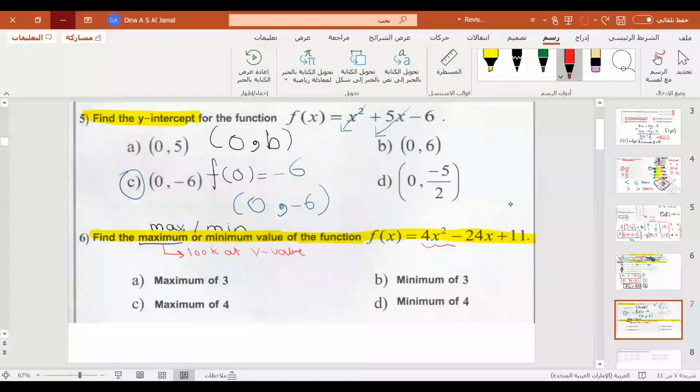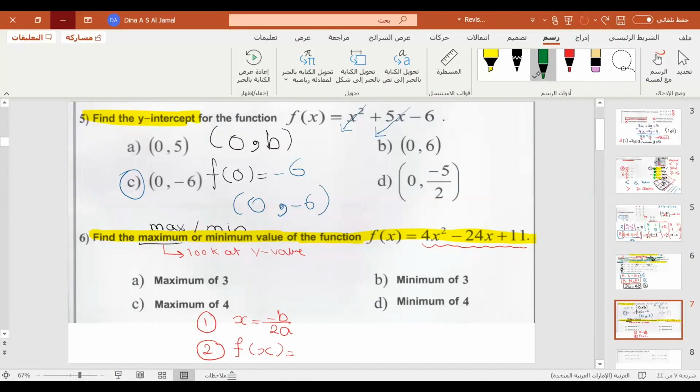Here, whenever you are having quadratic, the easiest way is that think of the equation of the axis of symmetry. X is equal minus b over 2a. And to find the y, it will be f of the x that you got above.